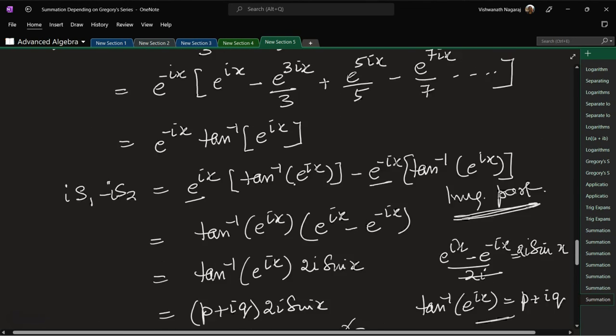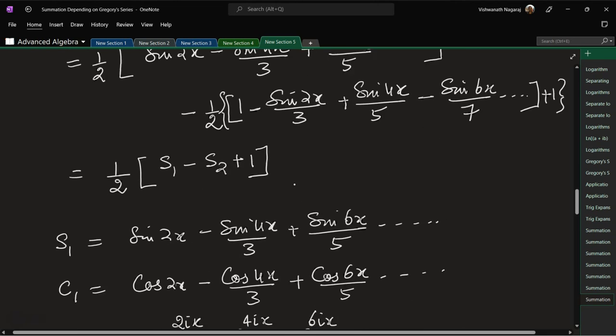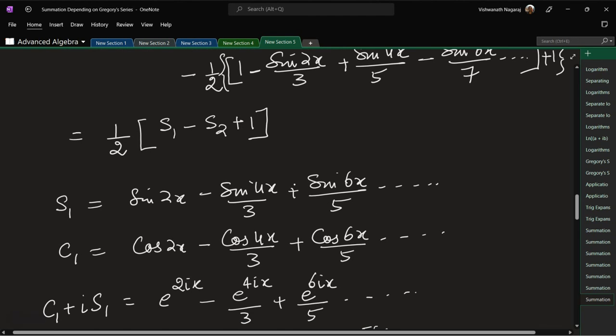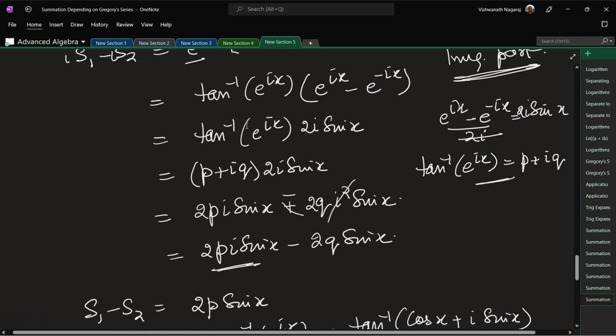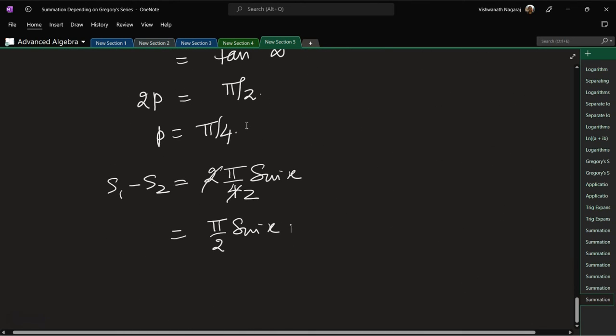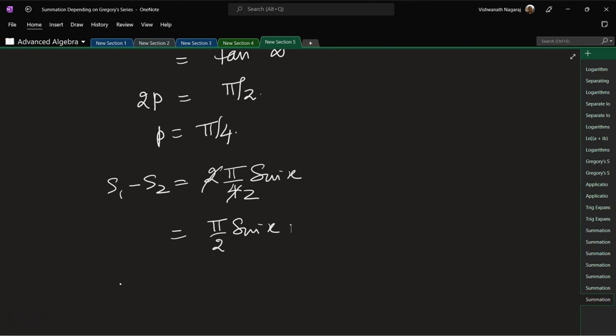Not only that, we also have to add 1 to it. See here, S1 minus S2 plus 1, and we have to divide it by 2.